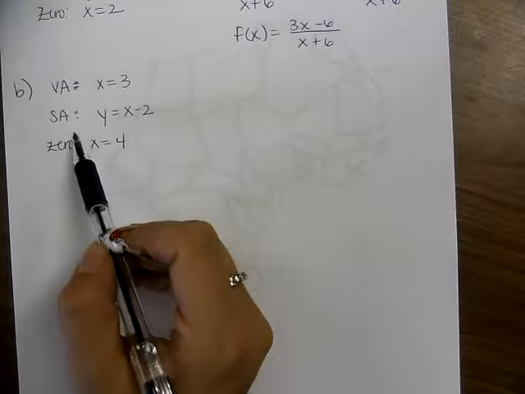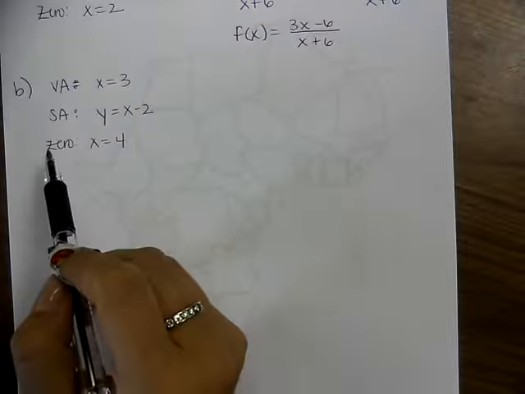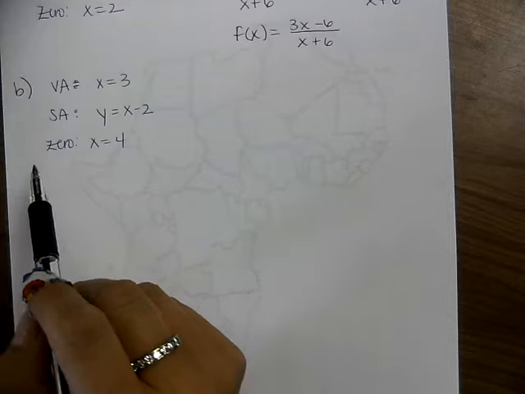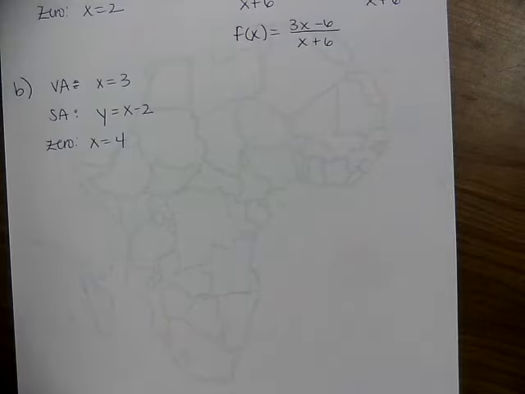This right here, this slant asymptote, this is not a gift. This is like worst case scenario. So we're going to deal with it in a little bit, but for now we're going to focus just on the vertical asymptote and the 0.